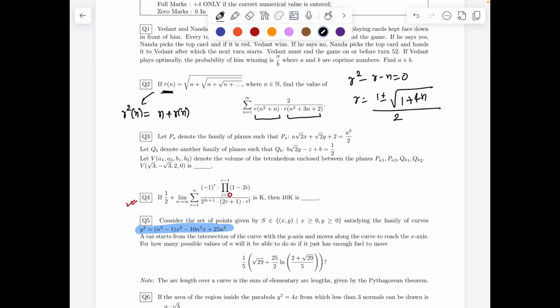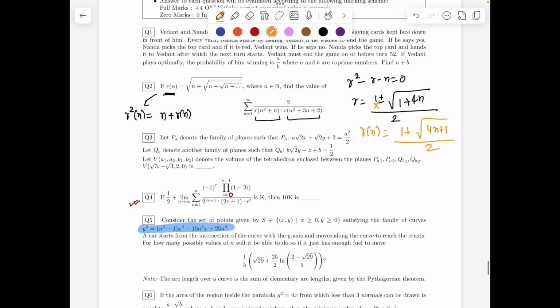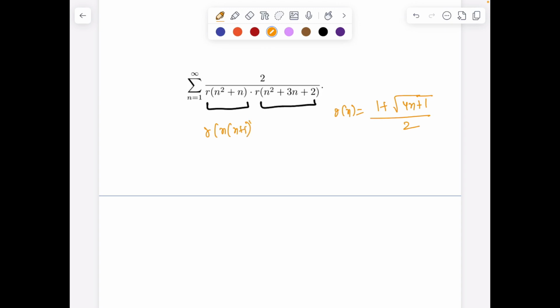Since 1 plus 4n for any natural number will be more than 1, the negative sign is discarded. Hence the answer is R(n) equals (1 plus square root of 4n plus 1) by 2. Right, now what you can do is n into n plus 1, and this guy is R(n+1) into n plus 2. So simply we can plug that result. Let's find R(n) into n plus 1.